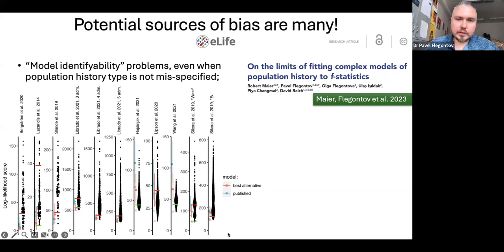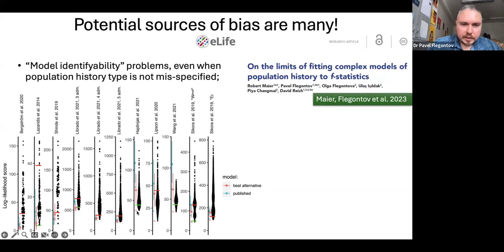And as red crosses, we show fit scores of the best models we found. And as blue crosses, we show fit scores of published models on the published data. And with these dots and whiskers, we show bootstrap scores for the same models.